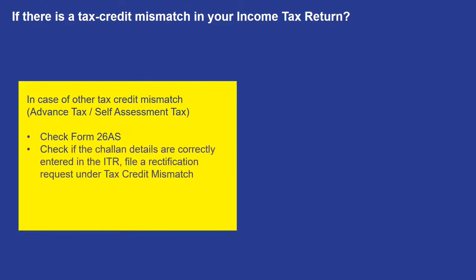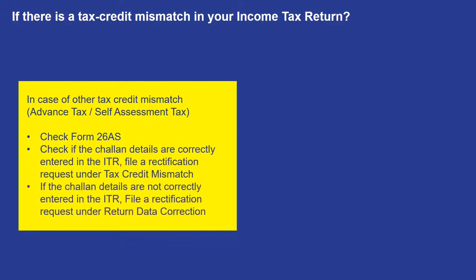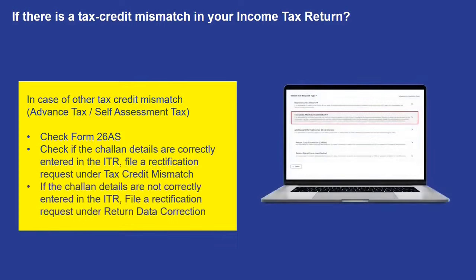If the challan details are correctly entered in the income tax return, you may file a rectification request under tax credit mismatch. If the challan details are not correctly entered in the income tax return, you would be required to file a rectification request under the category Return Data Correction, which is available both online as well as offline.